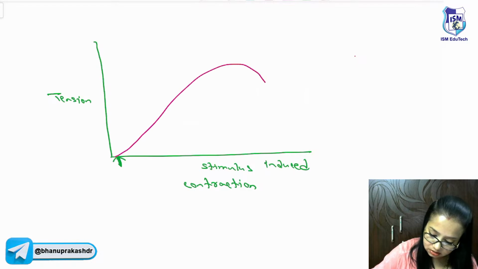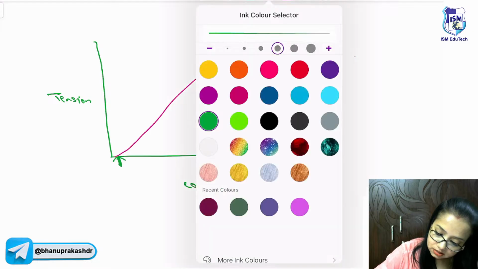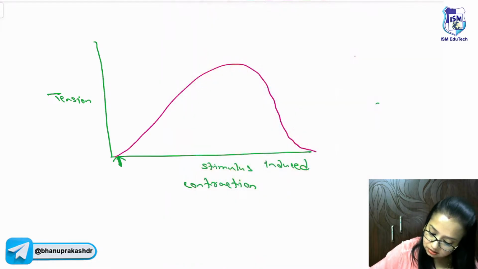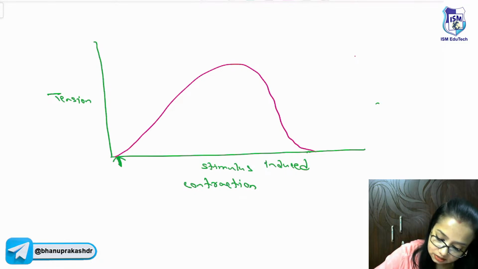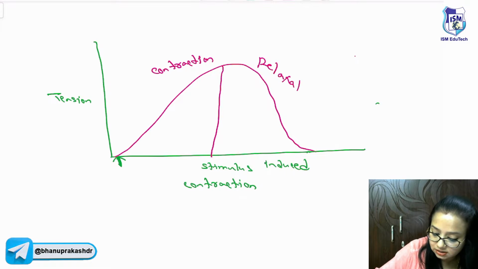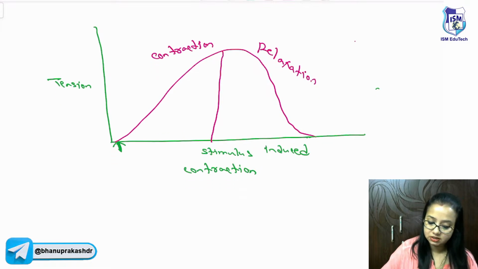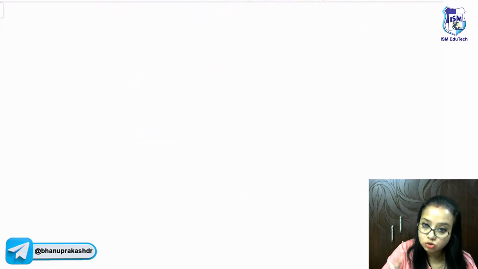The twitch is something like this. So this is the phase of contraction and then the phase of relaxation. That is a twitch. Now this is contraction of a muscle fiber in response to one twitch.